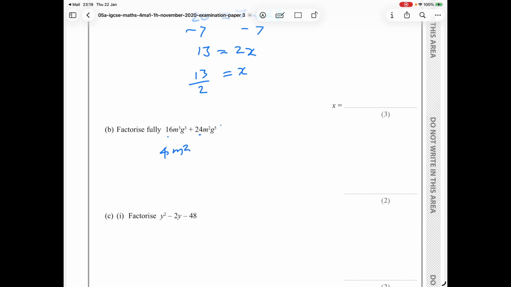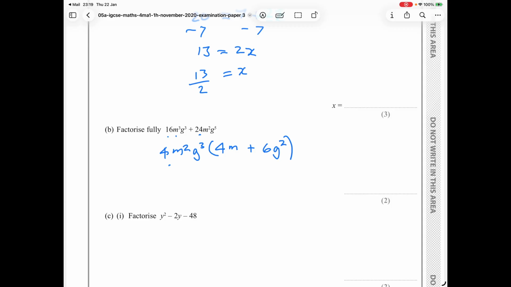G cubed and g to the 5, the highest common factor is g cubed. So now we think, what do we times this by to get to that? It's 4m. And then what do we times 4m squared g cubed by to get to 24? We times it by 6. We don't have to times it by m at all because we've already got that, and it's g squared.